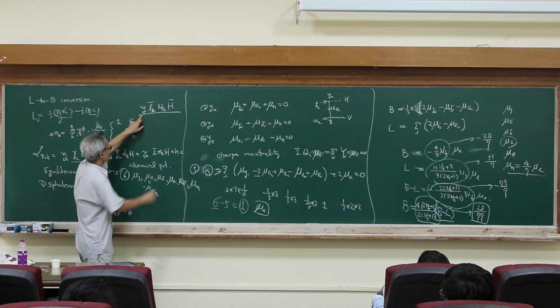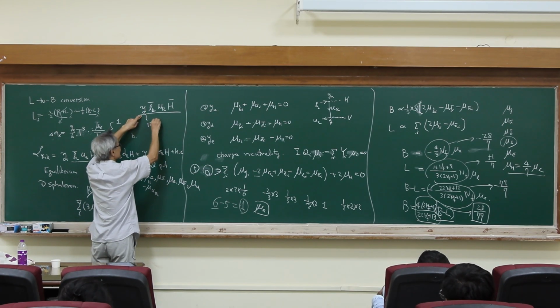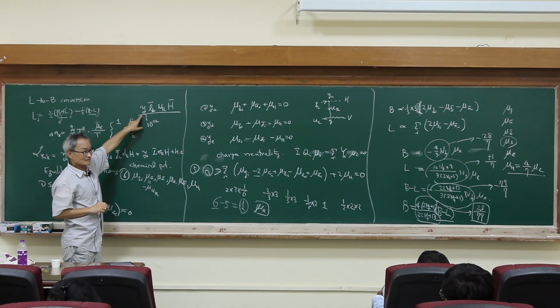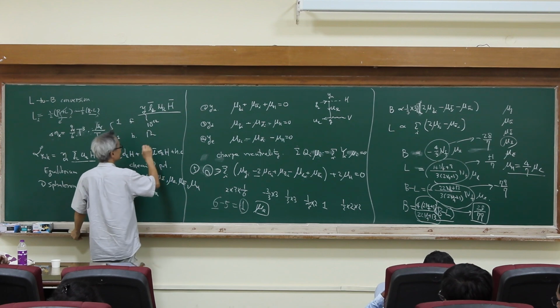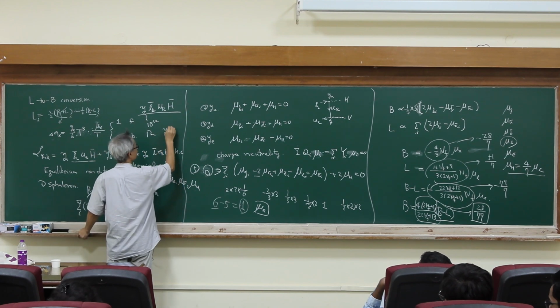You have a coupling of 10 to the minus 12 for Dirac, right? So they will not be in thermal equilibrium until some temperature T. Okay, that's a good point. Let's roughly calculate this.